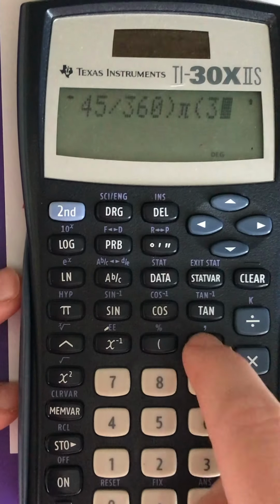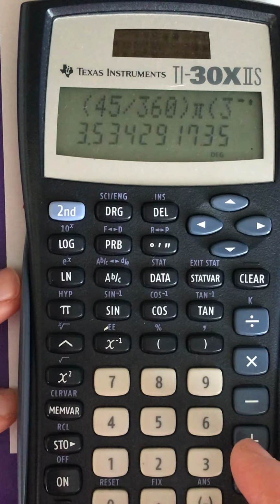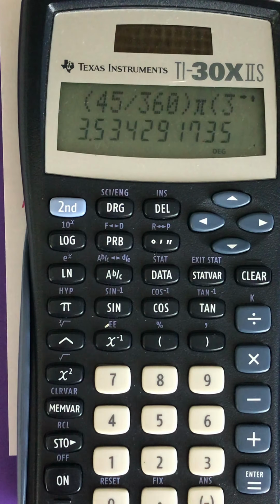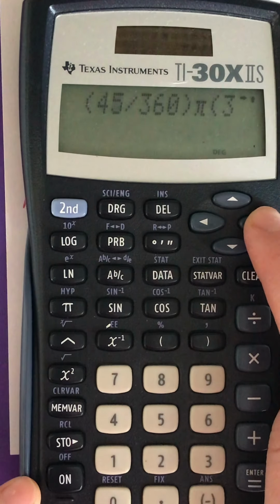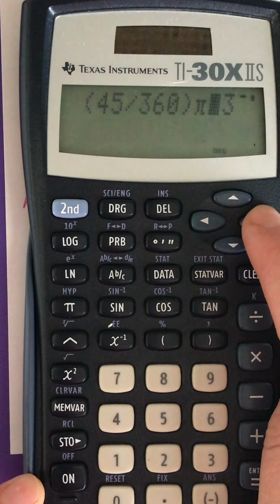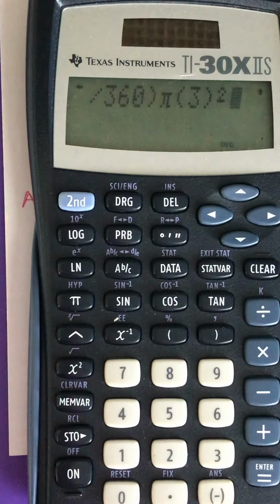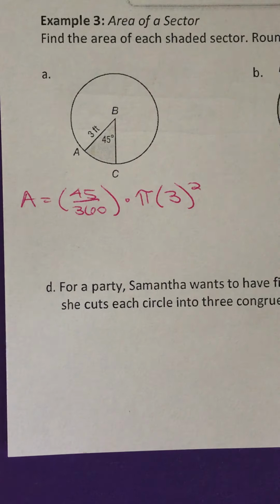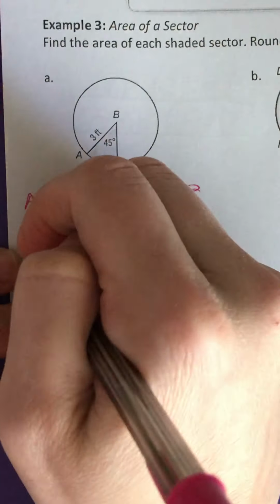You could do 3 squared or you could just do 9. And your answer is about 3.5. Let me go over that again. I did 45 divided by 360 times pi, and my r is 3 squared. It looks a little more confusing than it really is.